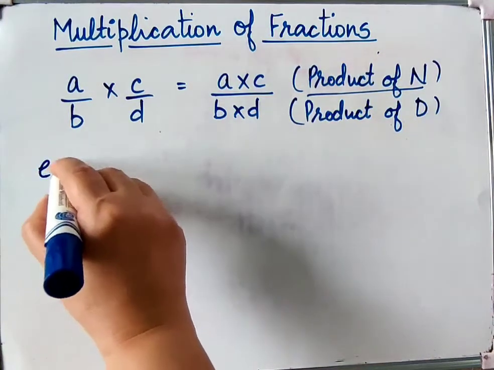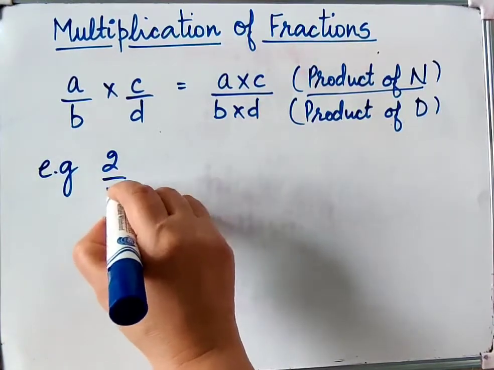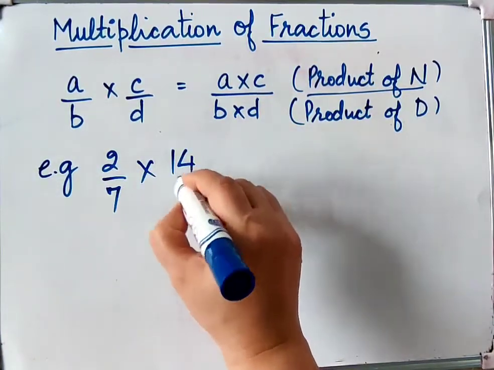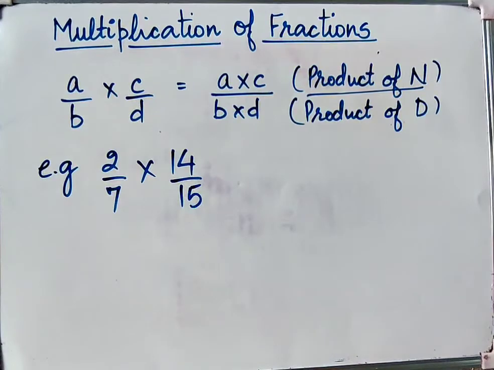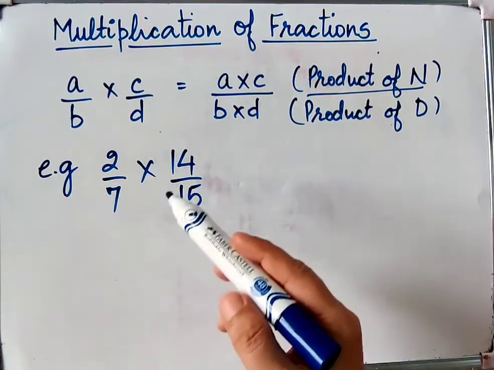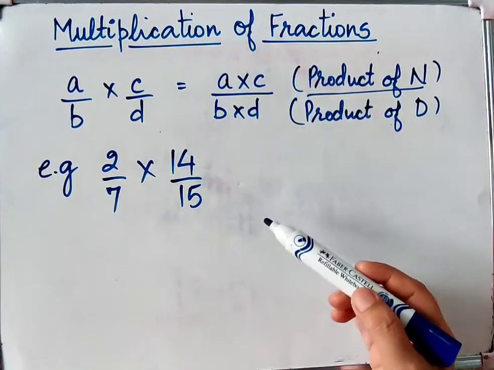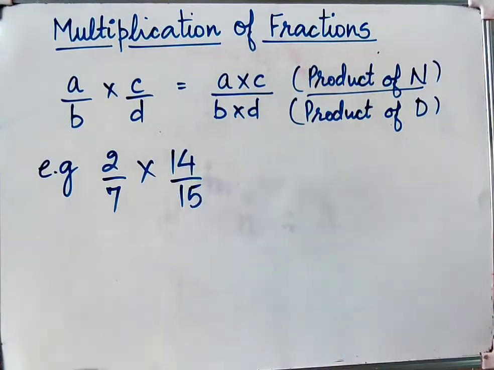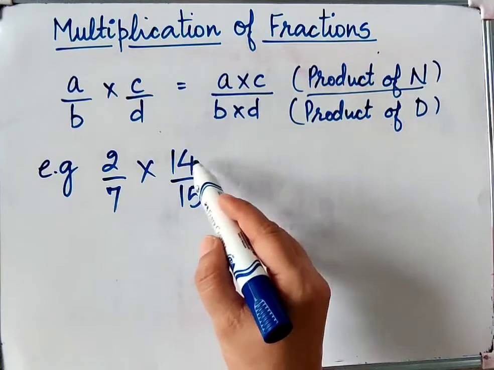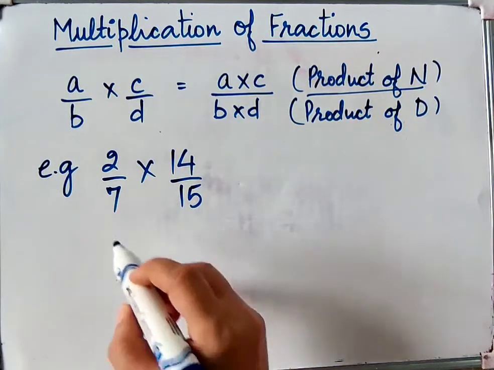Suppose I have to multiply 2 by 7 and 14 by 15. Now here, while changing to lowest term, we can either multiply first and then change to lowest term, or we can simply do it here also. We know that 7 and 14 come in the table of 7.